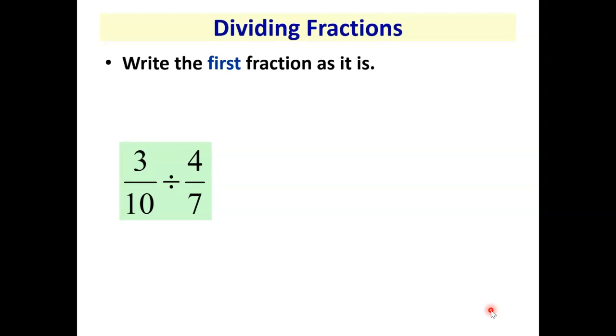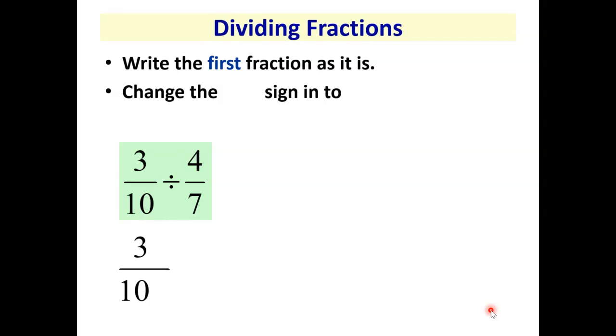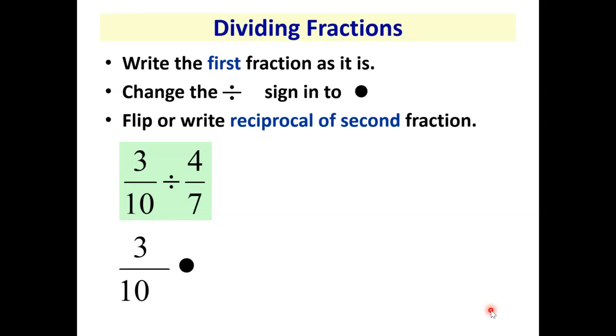In this case, 3 over 10 is my first fraction. I'm going to leave it as is. Step number 2, you want to change the dividing sign into multiplication because we just learned how to multiply. When you change the sign, you must flip, or write the reciprocal of, the second fraction. My second fraction is 4 over 7, so if I flip it, it will become 7 over 4.